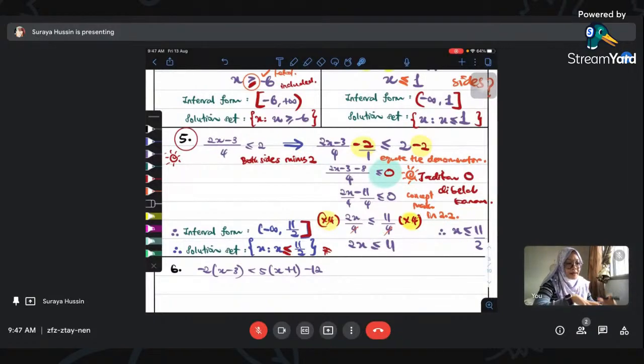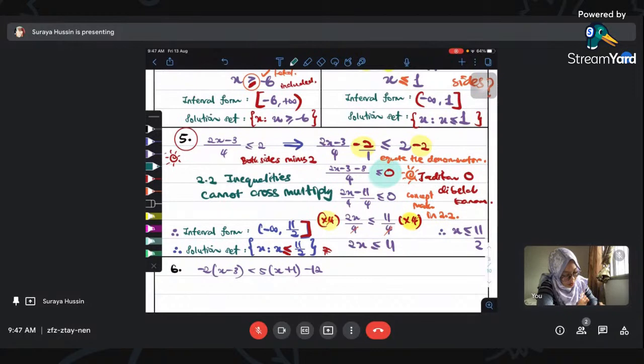Saya nak mengajar yang supaya kamu tak confused at the end of the lesson, at the end of the buat latihan banyak-banyak. So better fahamkan dari awal di mana 2.2 inequality cannot cross multiply. Okay? Take note this message.